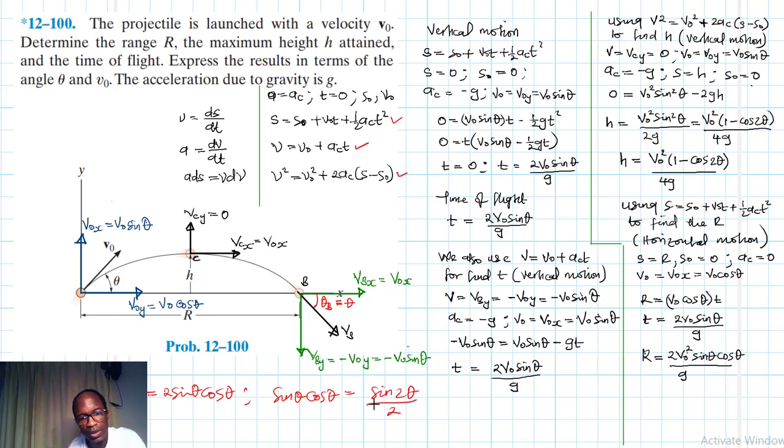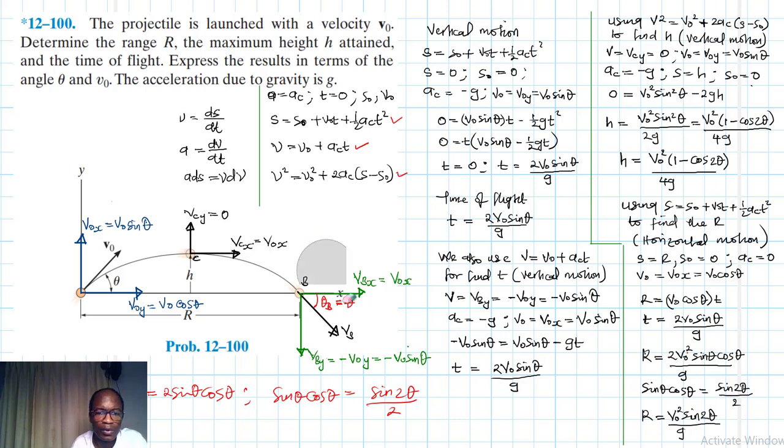So using this, we want to replace it there. So replacing that there, we'll have r equal to v naught squared sine 2 theta divided by g.